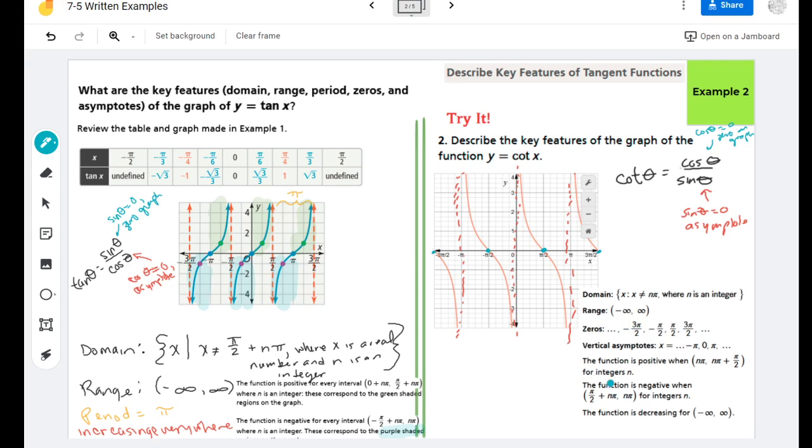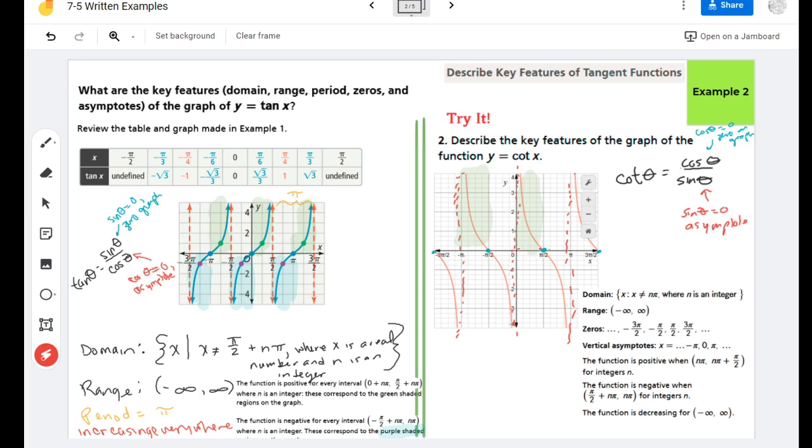And then they describe the positive and negative values of the graph because you could see here it's positive in kind of a different set of intervals, right? So my greens are my positive ones. If you notice on the tangent, for example, it was positive from 0 to pi over 2.